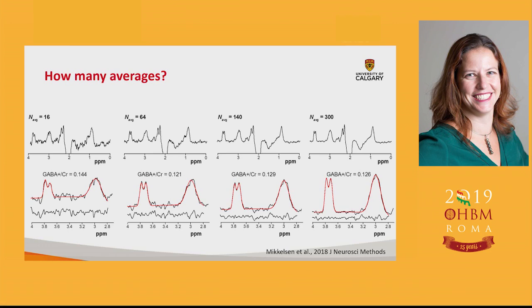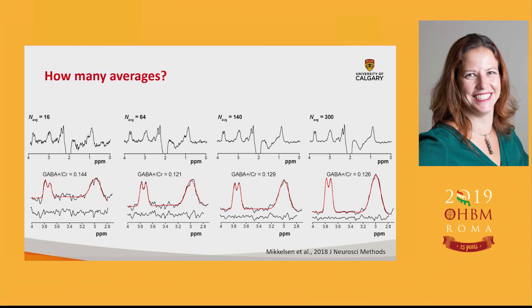As you move up to 64 averages, you're getting more signal, so you can see a change in GABA concentration relative to creatine. You've got a reduction, actually, but you're seeing a better fit. As you move up to 240 averages, that fit is looking even better, and it's as good as it's going to get in this experiment, at least at 300 averages.